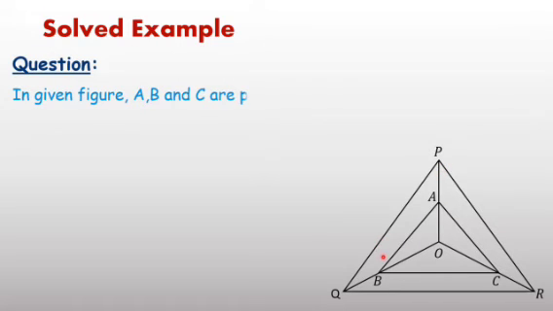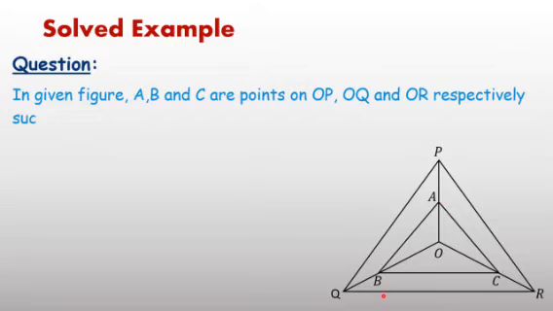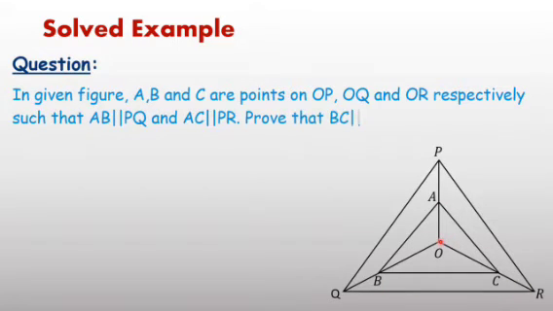A figure is given: one triangle PQR, a second triangle ABC, and one point O inside the triangle. Here it is given that AB is parallel to PQ and AC is parallel to PR. We have to prove BC parallel to QR.